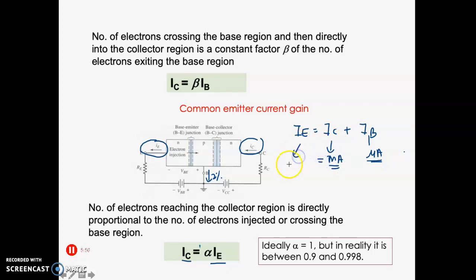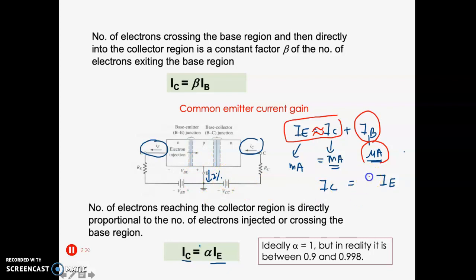So your IE will also become milliampere. How are we going to equate IC and IE? Since your IB is very small, you can equate your IE and IC as almost the same. Almost the same, because IB will not directly affect the value of IE and IC. Why? Because only 2% of the electrons will go down to your base.